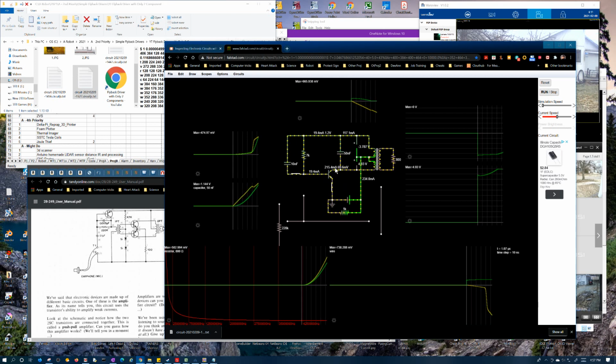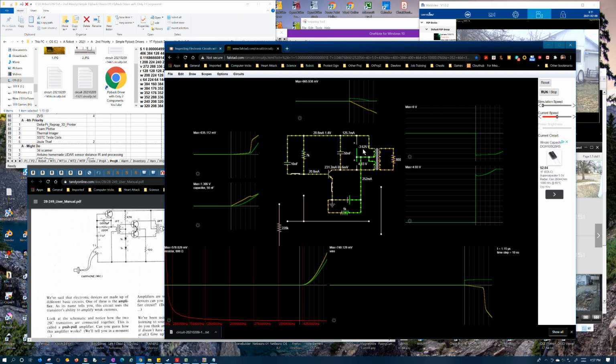Part of the current's going there, most of the current's going through there, and that's charging up the field, and again, it's causing the voltage to rise here.